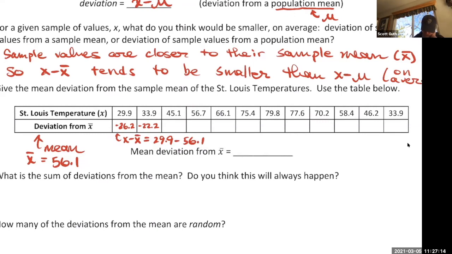This one's just negative 11. I'll say 0.0 just to make that clear. 56.7 is above the mean, so the deviations will be positive now. This first one is 0.6, very close to the mean, so the deviation is small. Next one's easy, it's just 10.